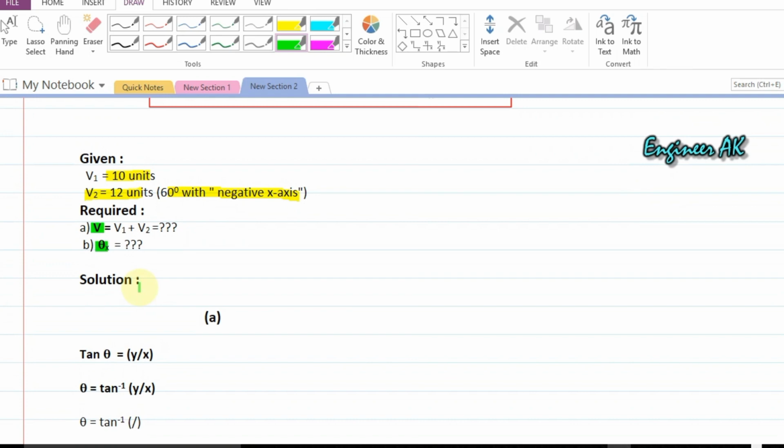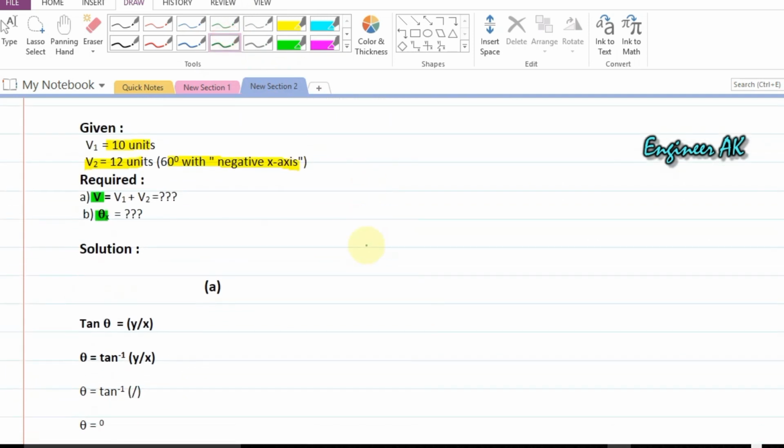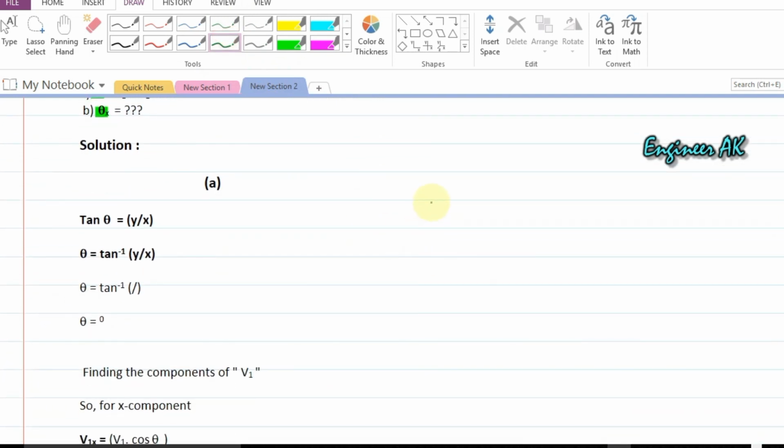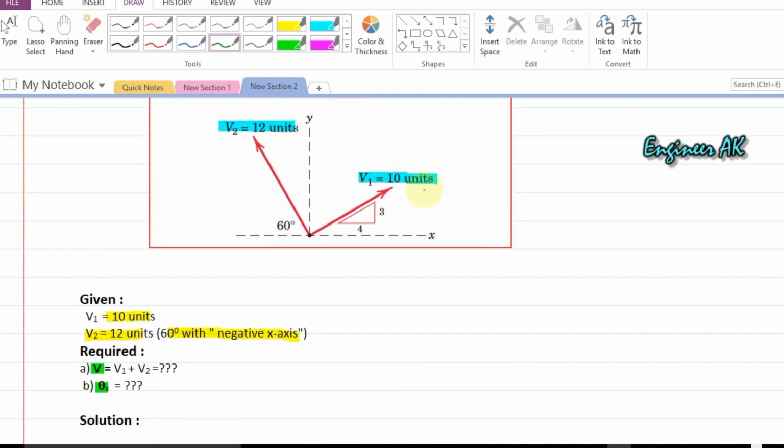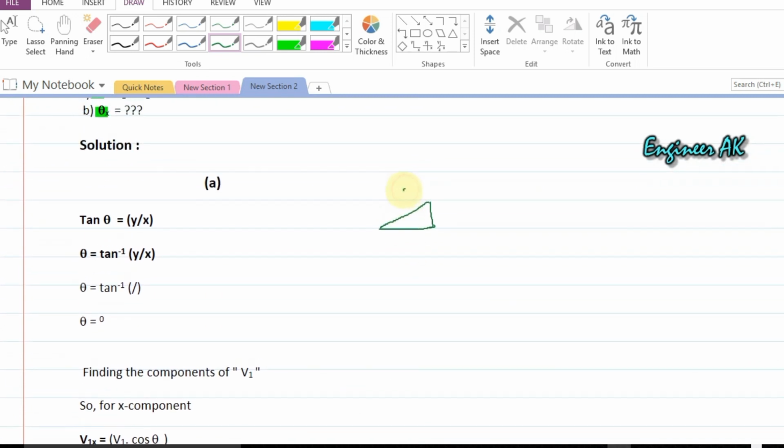So let's get started. Let me first take this triangle. If I draw this triangle over here, it is something like this, and here it is 4, and here it is 3.